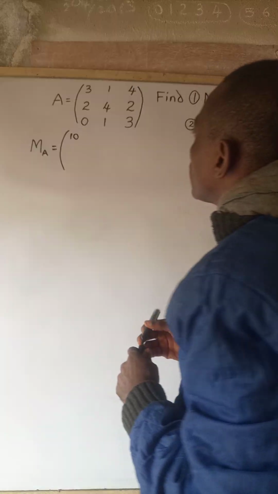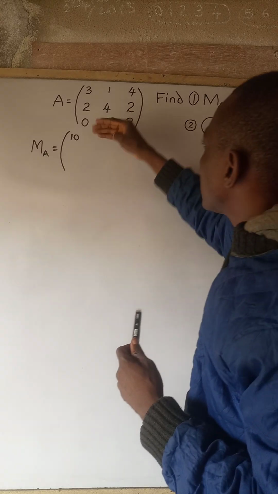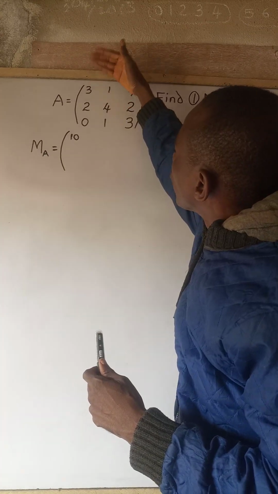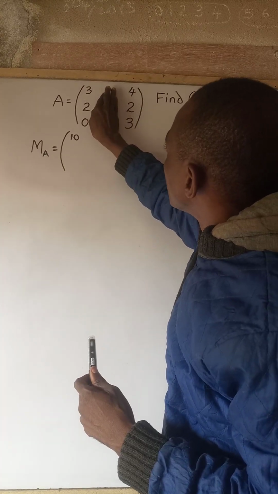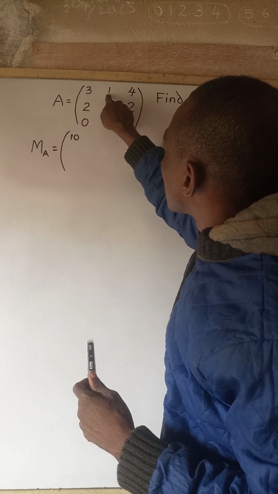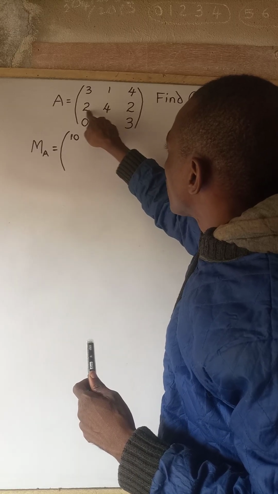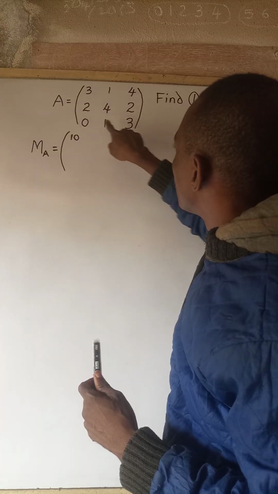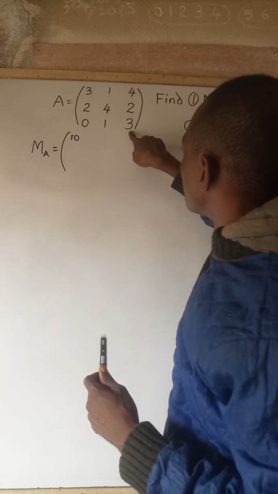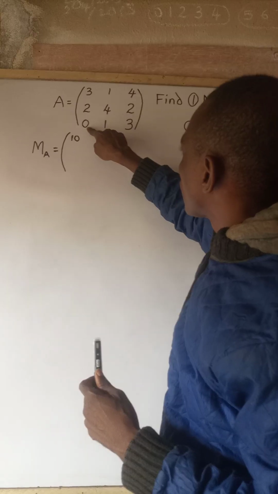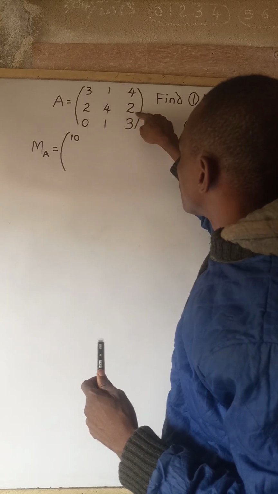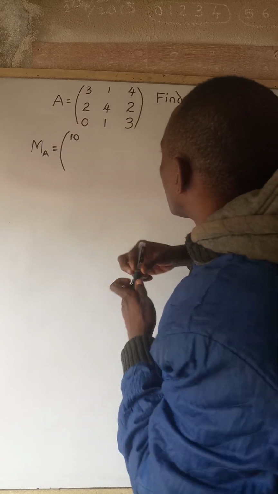We move to the second element. For the second element, I will delete the row and the column in which this second element lies. So we will have this 1, 2, 3, 4. I will do 2 times 3, which gives us 6. 0 times 2 will give us 0. So 6 minus 0 will give us 6.